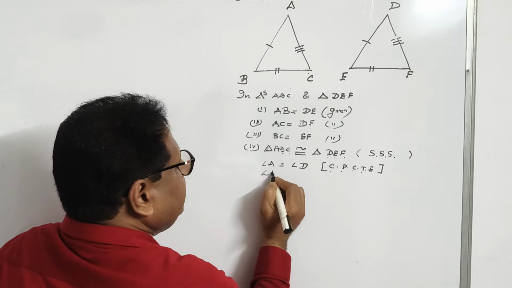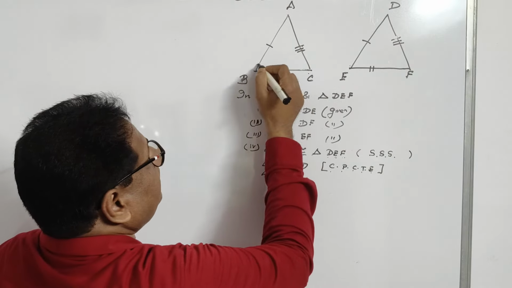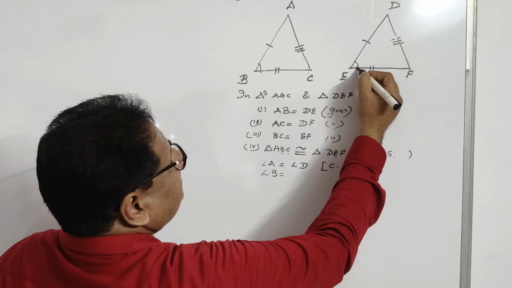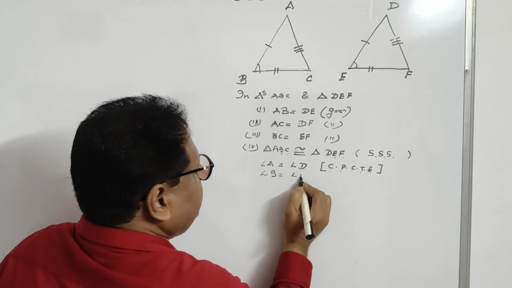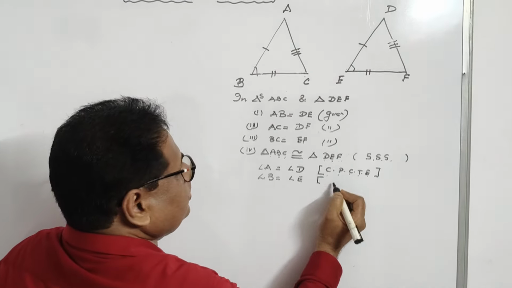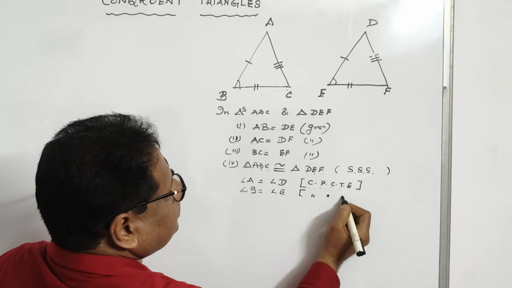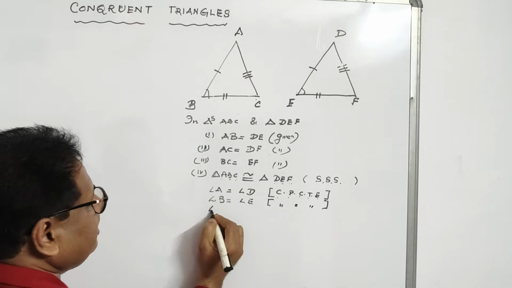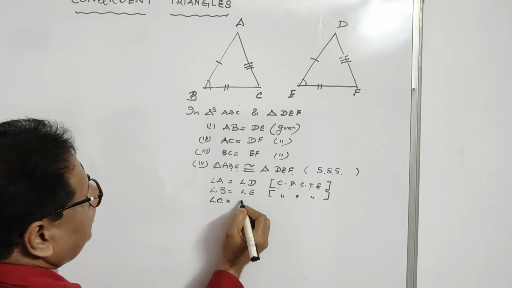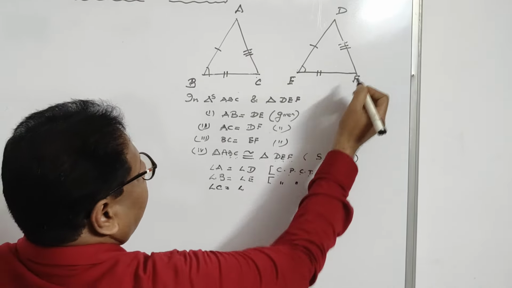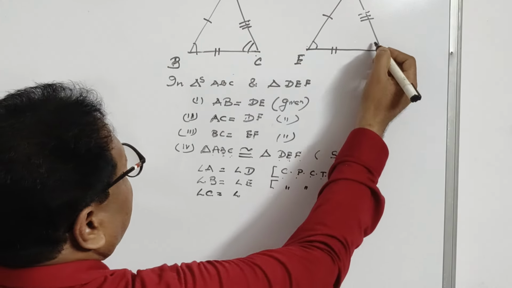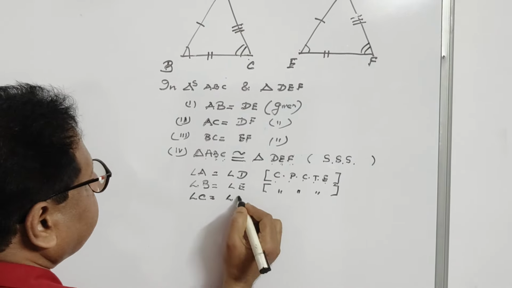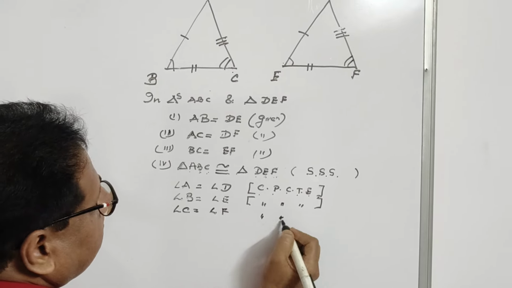Similarly, angle B will be equal to angle E. For this also, the same statement is going to follow, the same reason. Similarly, angle C equals angle F. That means this angle equals this angle. Same reason.